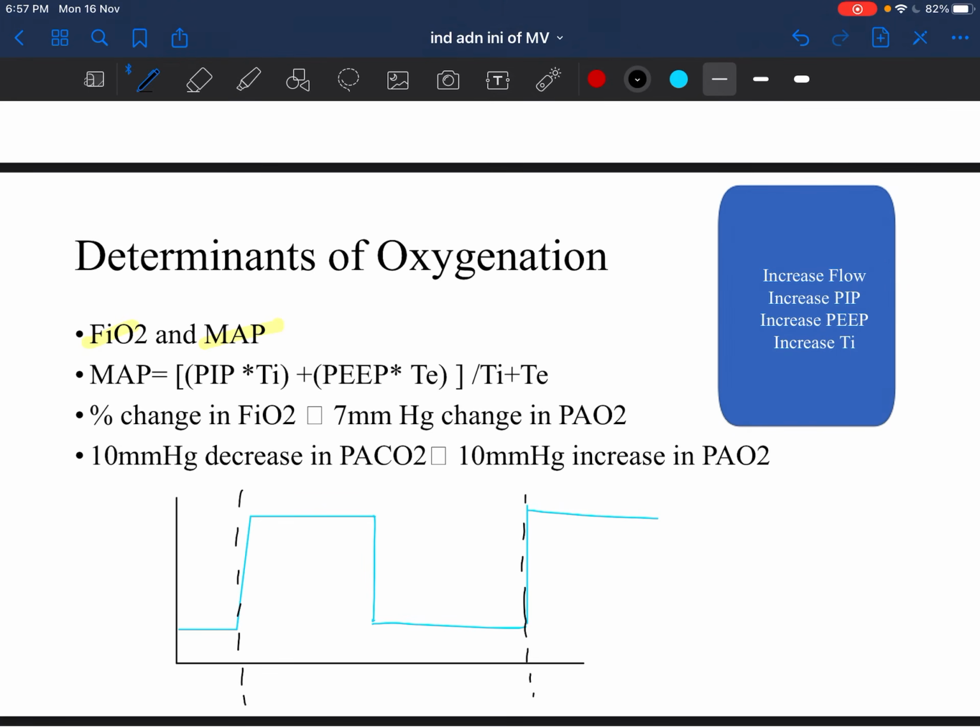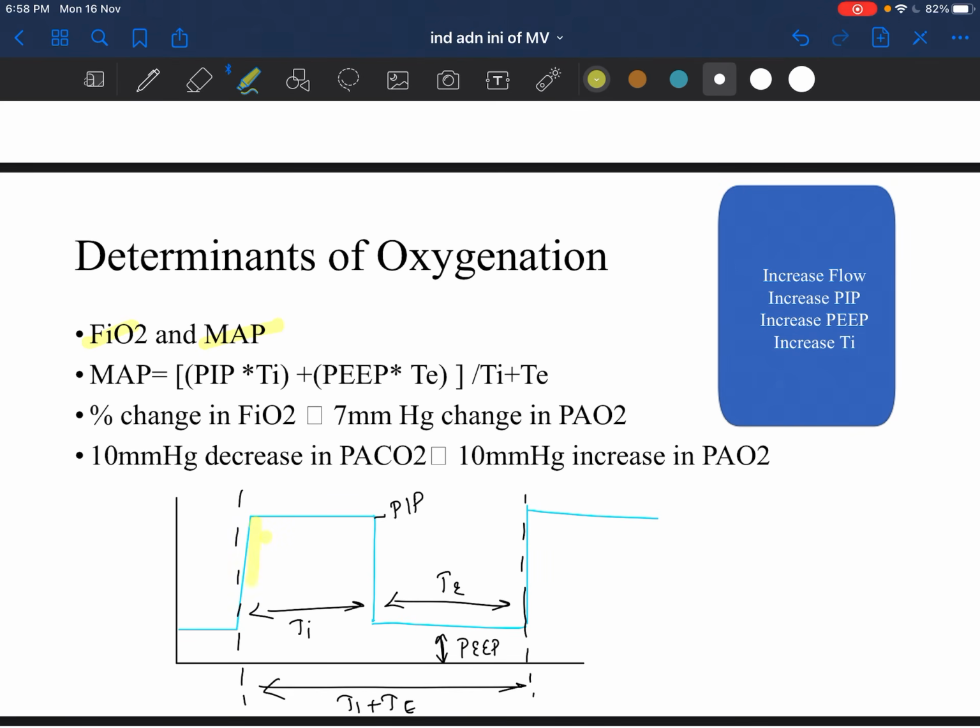This is your PIP, this is your inspiratory time, this is your PEEP, and this is your expiratory time. All of this together is your TI plus TE, and all the area under this curve will come under your mean airway pressure.